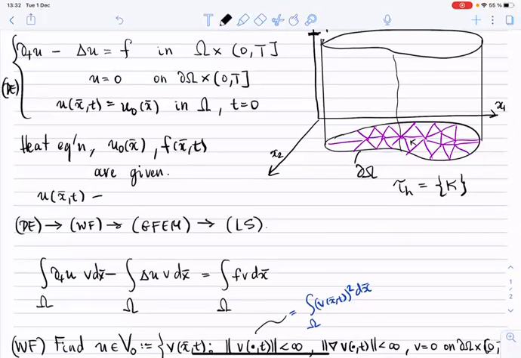And in addition, we also call this set the set of all nodes inside this triangulation.